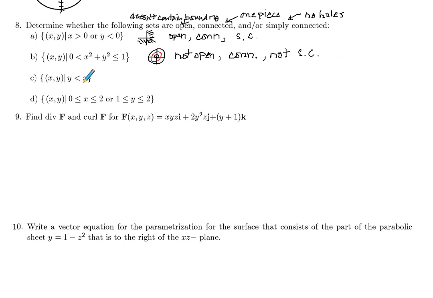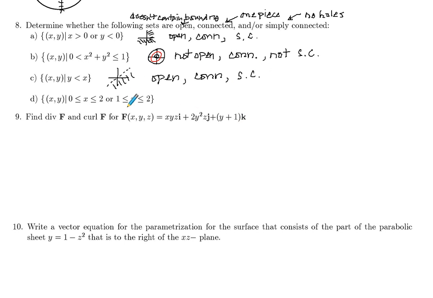Set of all xy where y is less than x. So y equals x is a 45-degree line, y less than x is below that. So that is an open region. It doesn't include its boundary, which is the line y equals x. It's all one piece, connected. And there's no holes in there, so it's simply connected.